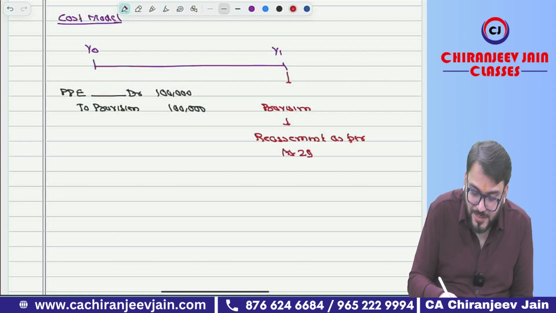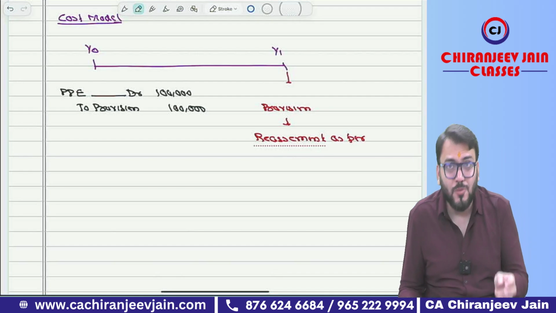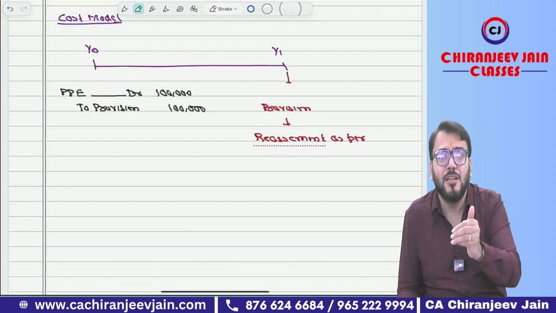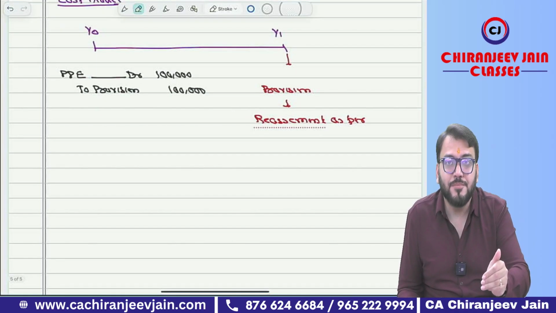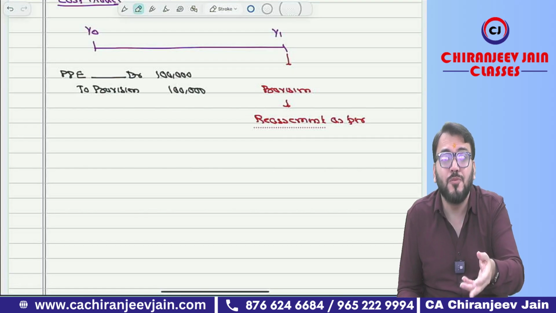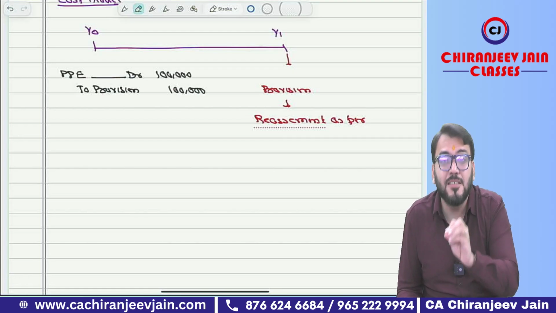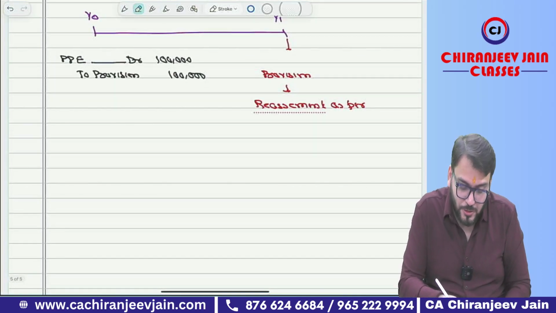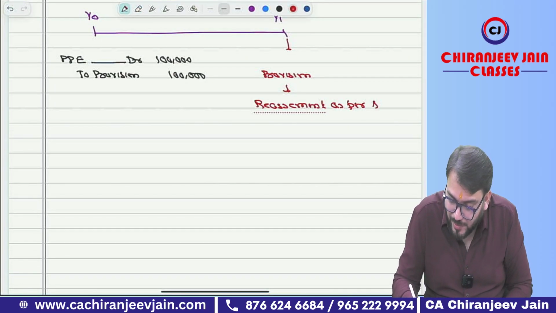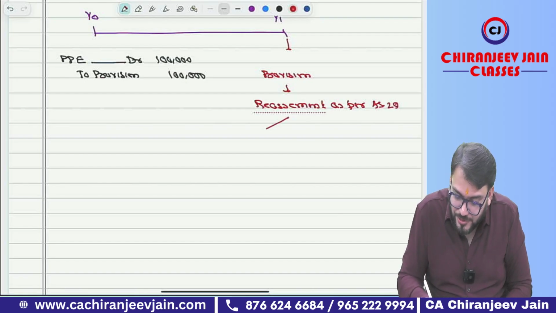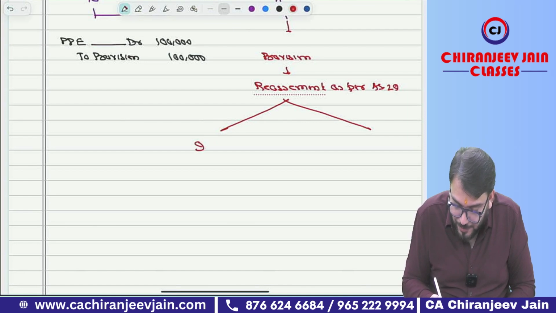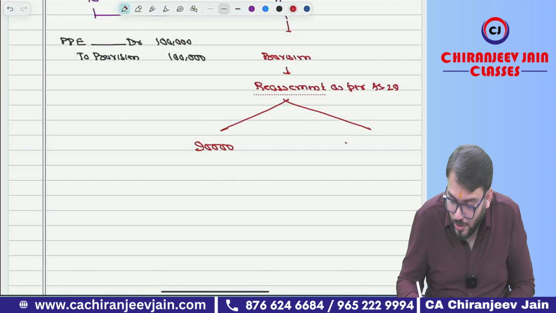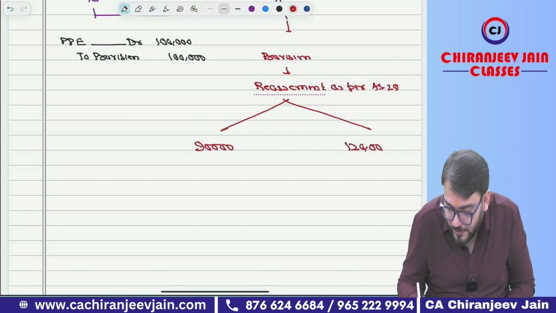AS 29 says that because it is an accounting estimate, you will do reassessment. Of course, the future expenditure might change. Initially you estimated some amount, but now you are of the view that it will be a different amount, quite possible. So reassessment we are doing as per AS 29. Either it will become 90,000, or it may become 1,20,000.